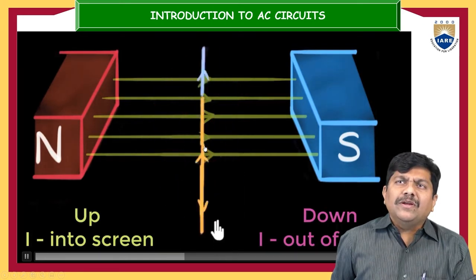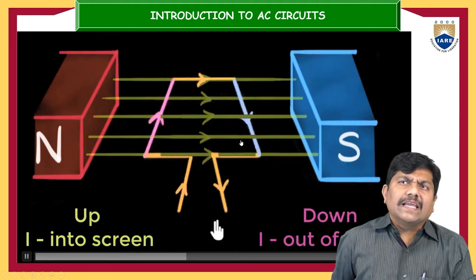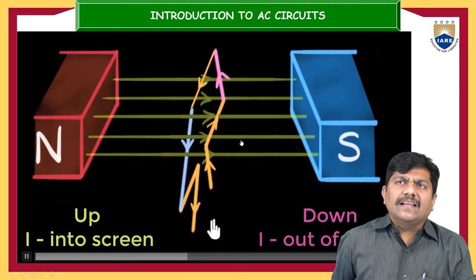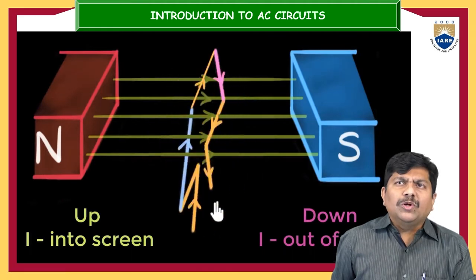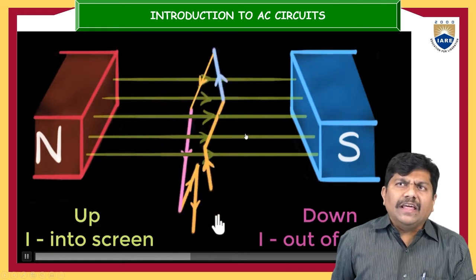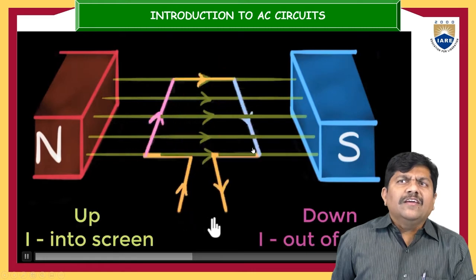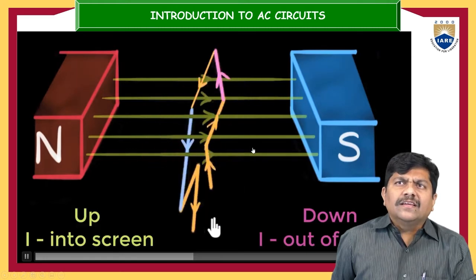With the help of this animated video, we can see that in one complete cycle, that is the 0 to 360 degrees cycle, for a period of 0 to 180 degrees, any conductor carries the current in one direction, and the same conductor has to change its current direction for the other 180 degrees.